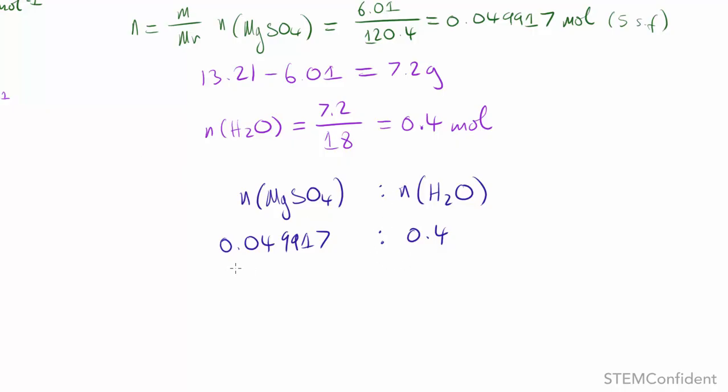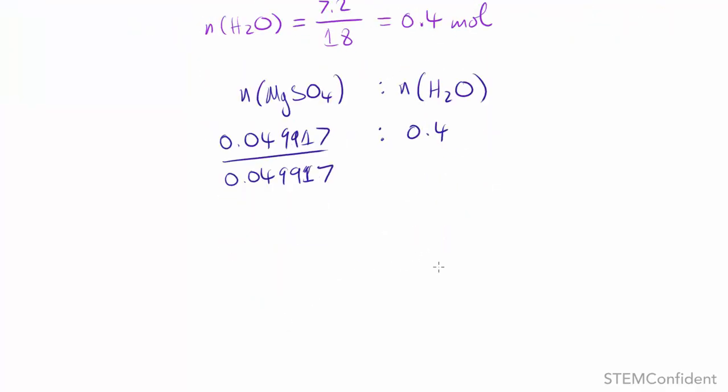So I'm going to divide this side by 0.04917, because if you divide something by itself, you get 1.